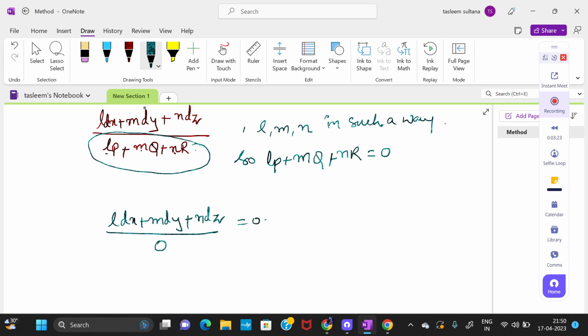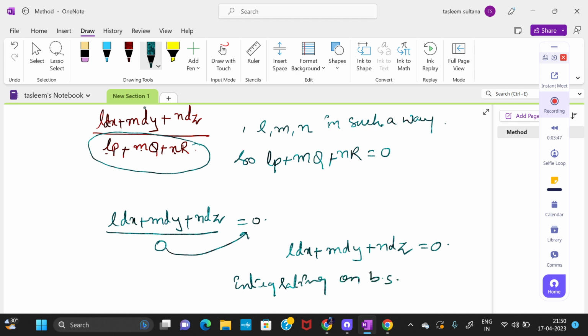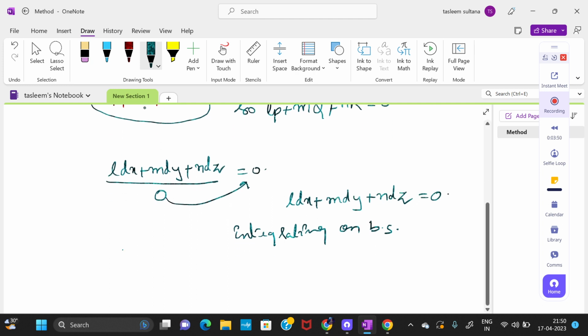You're not going to write it equals infinity; you make l dx plus m dy plus n dz equal to 0. Then integrating on both sides: integral of l dx plus integral of m dy plus integral of n dz equals an arbitrary constant. This is one type of solution.